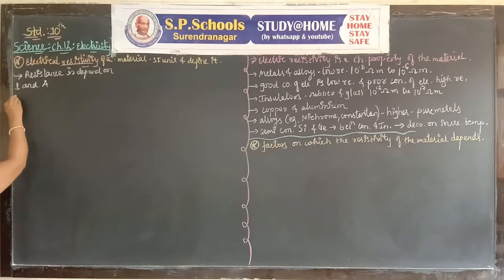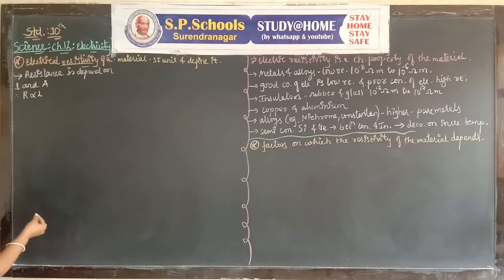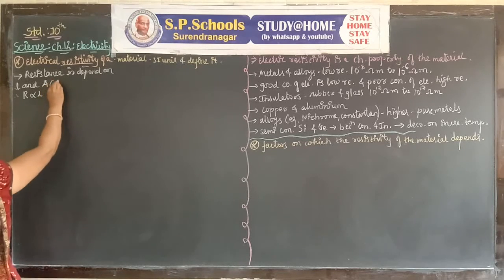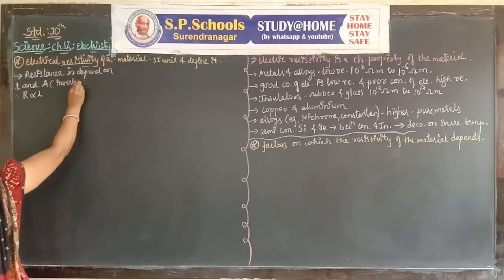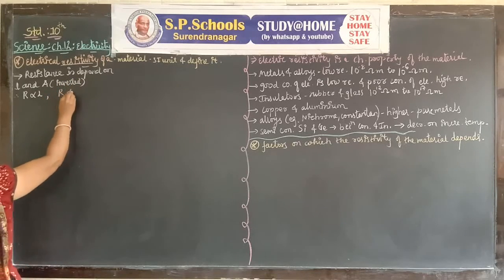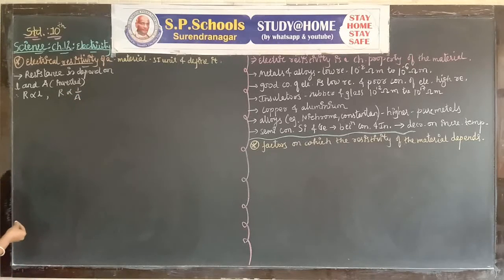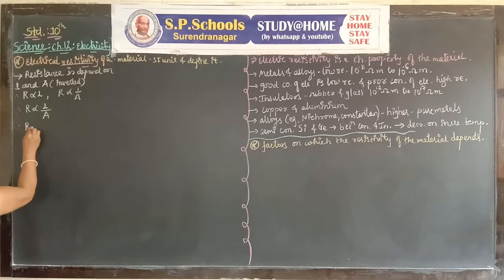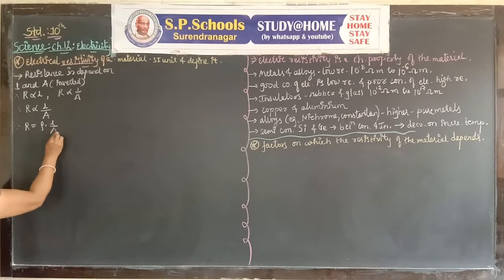So we write in the formula R is proportional to L, and it is inversely proportional to the cross section, so R is proportional to 1 upon A. Combining the two, R is directly proportional to L upon A. If we write a constant to remove the sign of proportionality, R is equal to rho into L upon A.